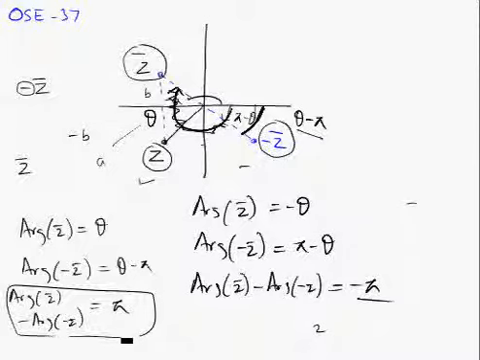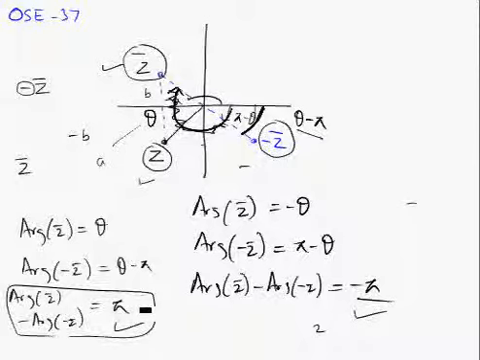So both the answers are correct, pi and minus pi. In the first case we measured the argument of z in the anti-clockwise direction. In this case we are measuring in the clockwise direction, and the difference is that in the second case we are taking the argument negative. In the first case we are taking it positive.